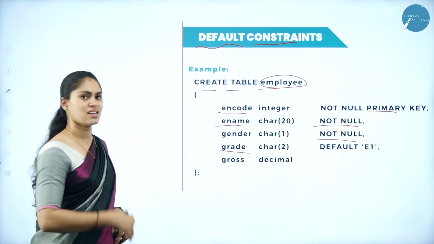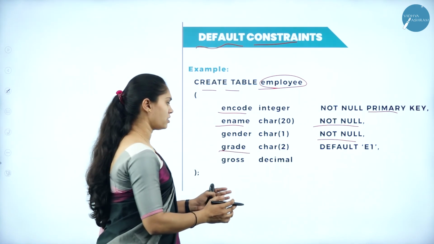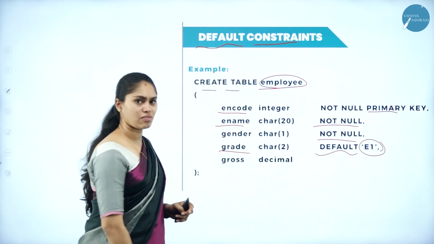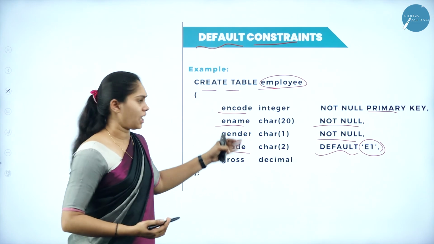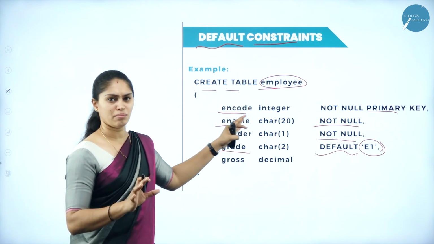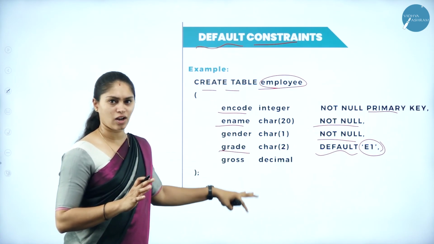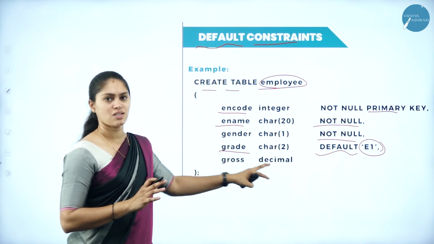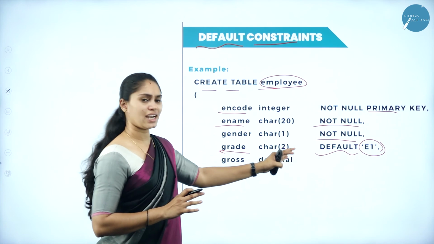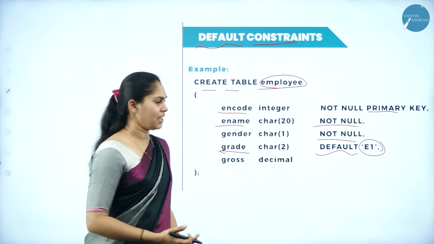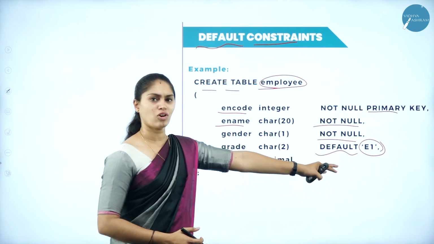Grade in the sense which category they belong to. So by default, we are giving that grade as E1. For example, consider that the employee table has 50 employees, 50 records or tuples. Wherever the grade column is there, for all the 50 employees, I am simply initializing that as a default value called E1.